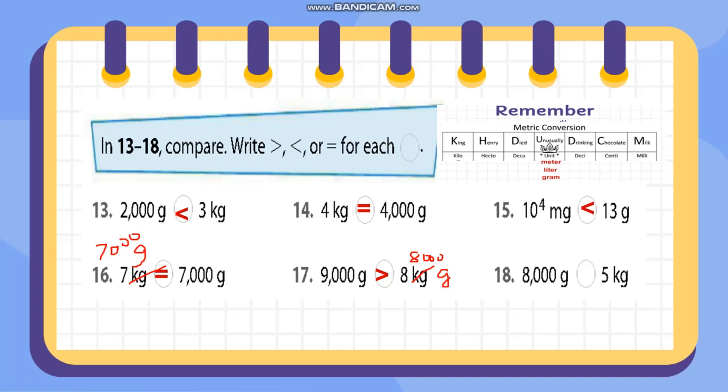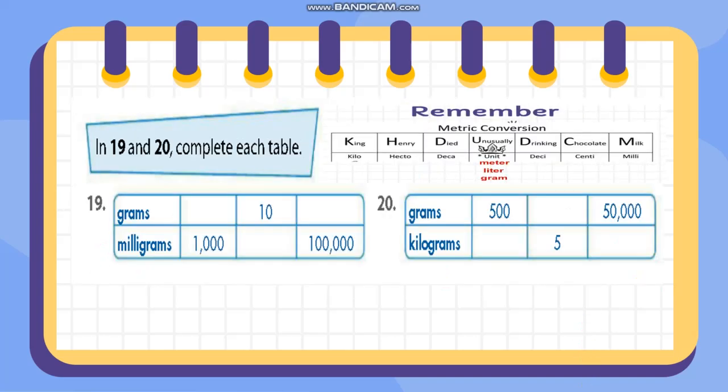Another, gram to kilogram. I need to change kilogram to gram to make it easy. So this becomes 5,000 gram because kilogram to gram means multiply by 1000. Which is greater now? 8,000 gram compared to 5,000 gram, 8,000 gram is greater. Here, we have 1,000 milligram to gram. If we use the metric conversion, that is equivalent to 1.